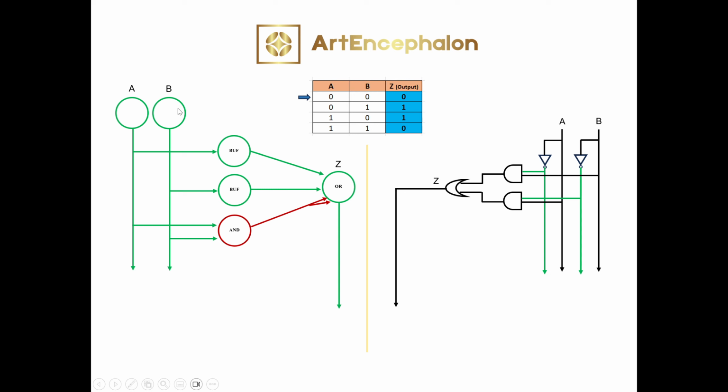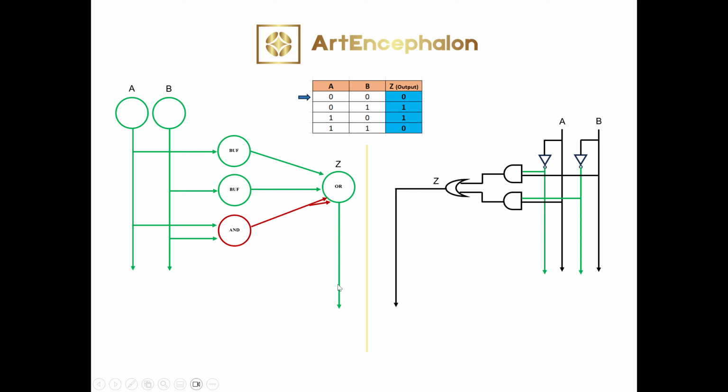Neuron B also makes contact with this buffer and makes contact with the same AND gate. Now, this AND gate is actually an inhibitory neuron that has two axon terminals. So you have 1 and 2 axon terminals coming out from the axon of this inhibitory neuron that is expressing an AND logic.